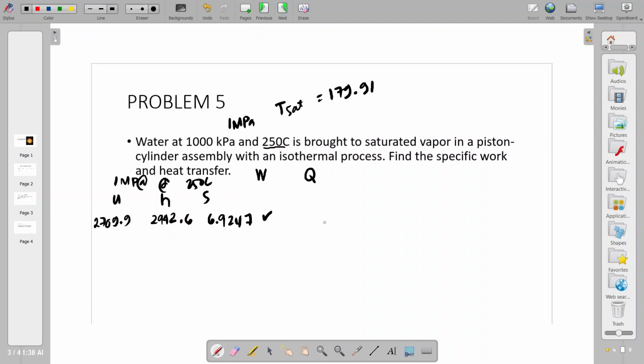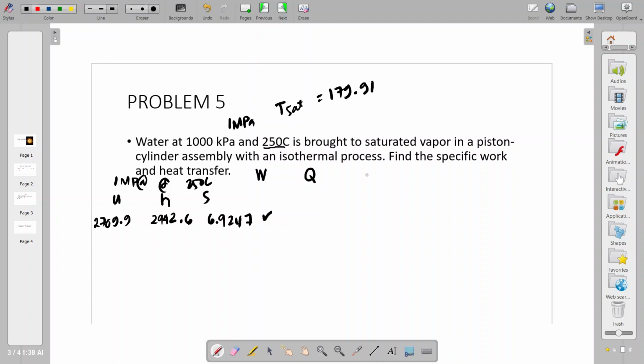Ngayon, sa state 2, sabi niya is brought to saturated vapor, isothermal process. So, ibig sabihin, same temp, pero saturated vapor. Hanapin saturated vapor, so Hg, Sg, saka Ug yung hanapin natin. At 250C, kasi constant temp tayo.